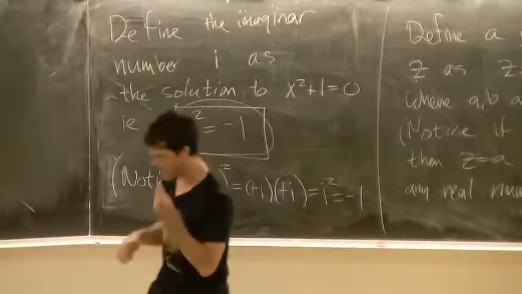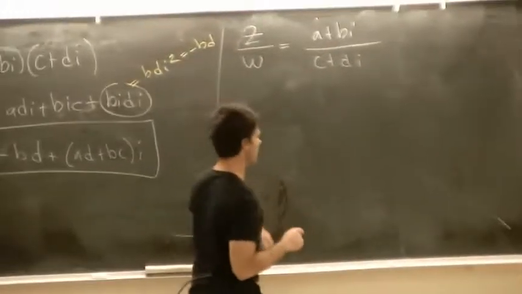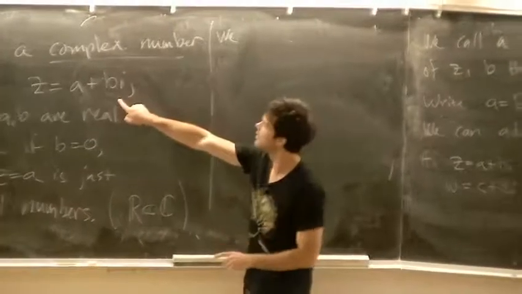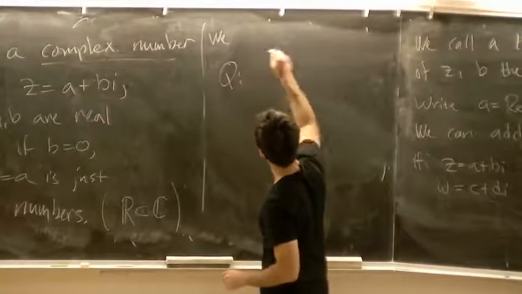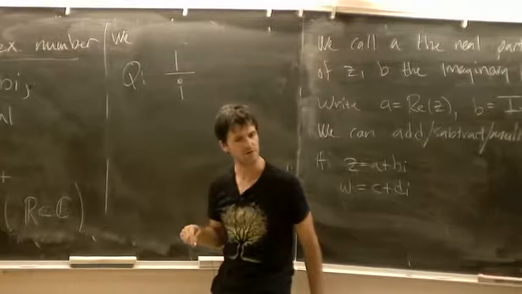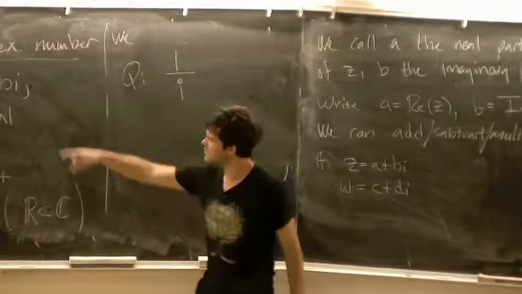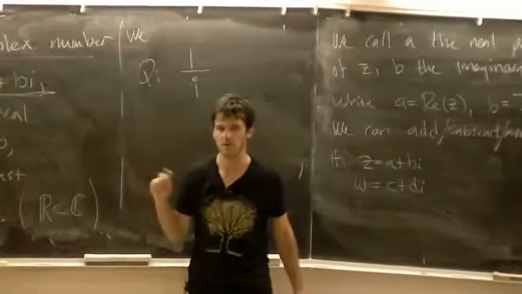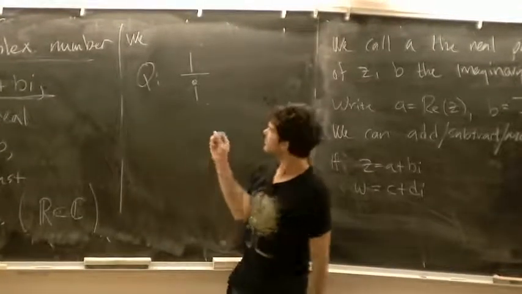When we have a complex number with an i in the denominator, like when I just gave you the definition of a complex number. So let me just ask you a quick question. Is 1 over i a complex number? It's not what I just said a complex number was. It's not in this form. So is this one?